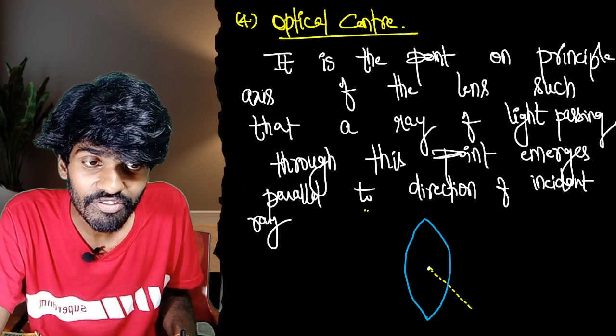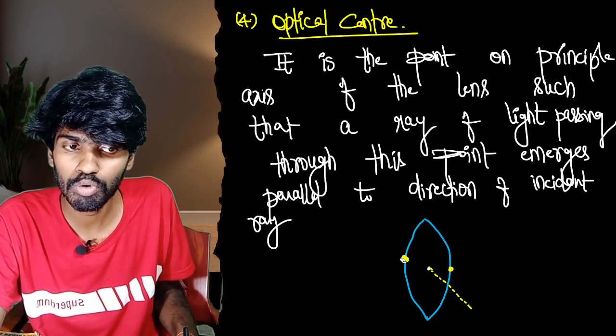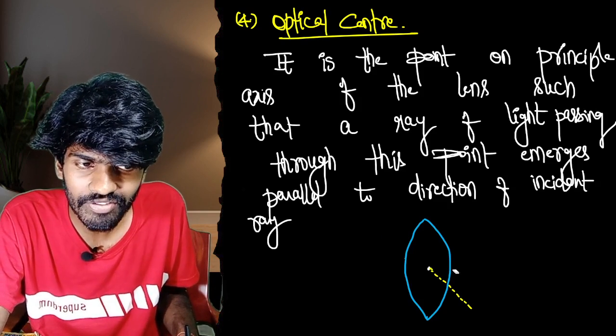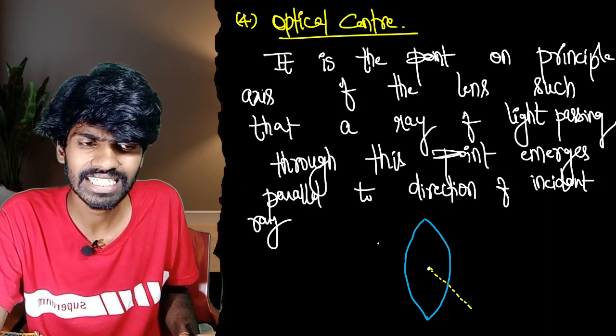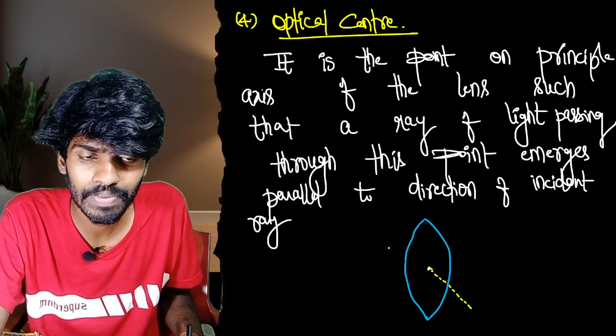In actual, refraction takes place at two surfaces, in this surface and in this surface. However, when we draw a lens, we always show it at the very middle point.